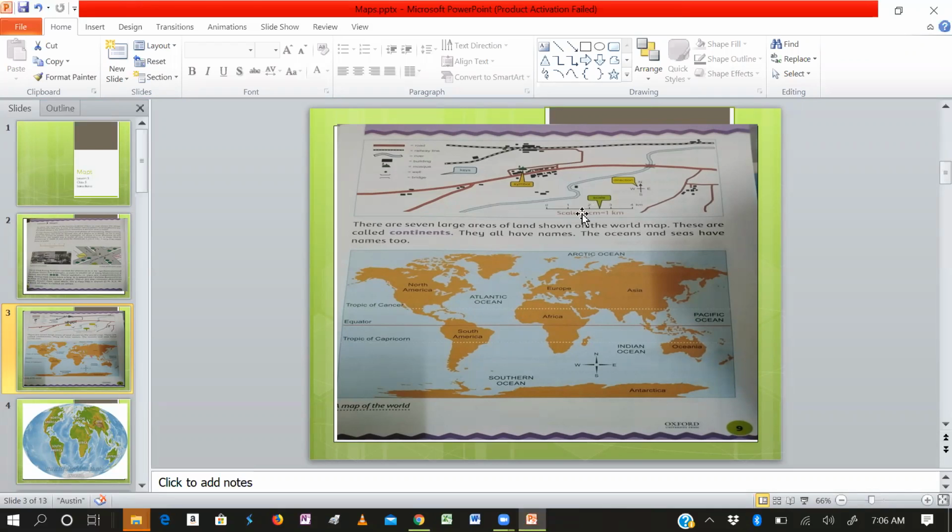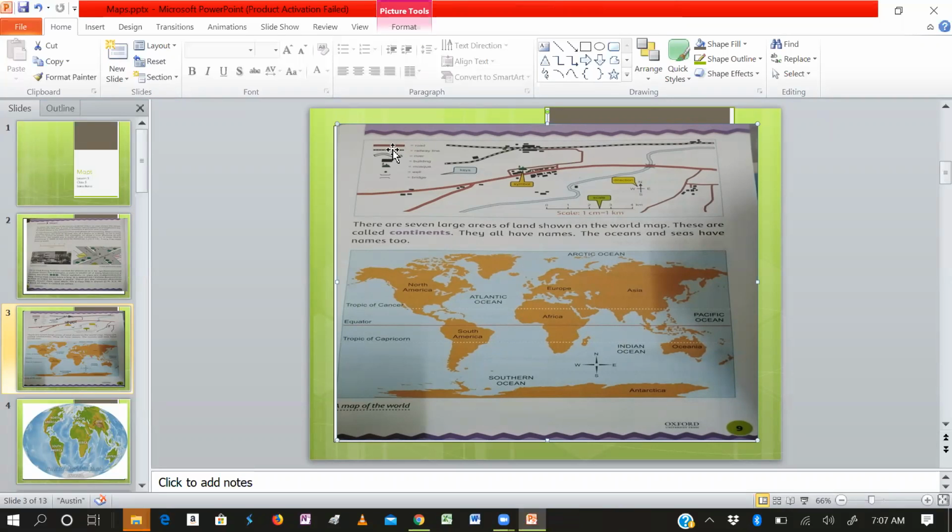Okay. And one more thing which you can find in this map is the key. The key has symbols for each location or place. For example, if you look at this picture carefully, you can see that here it has a red line.